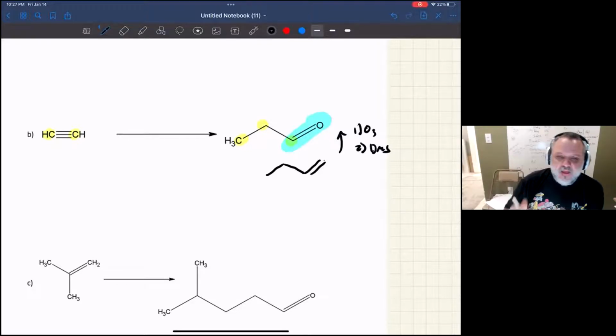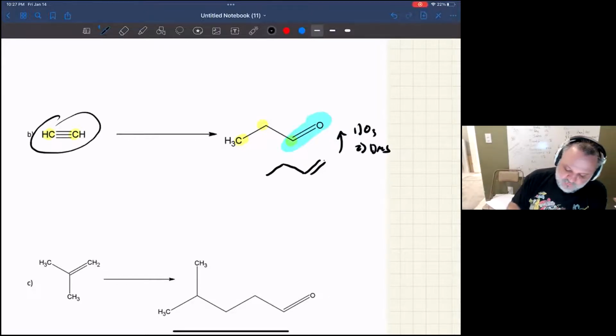Okay, how does this work? Let's think. Well, I start off with an alkyne, and I need to get to an alkene. Well, I can do that with Lindlar's catalyst, H2 and Lindlar. Okay, now that I've done H2 and Lindlar, how do I make this thing?